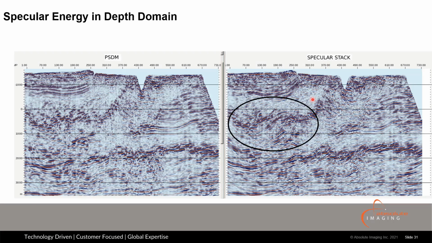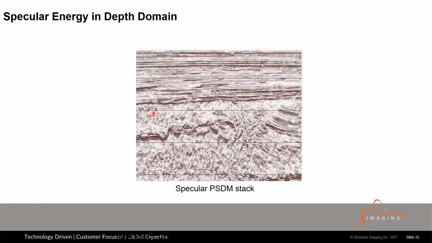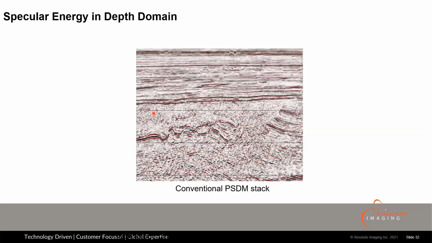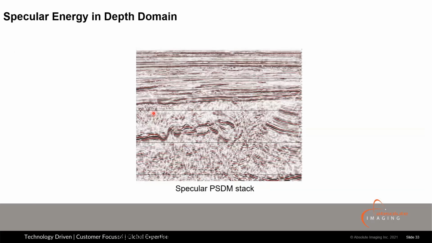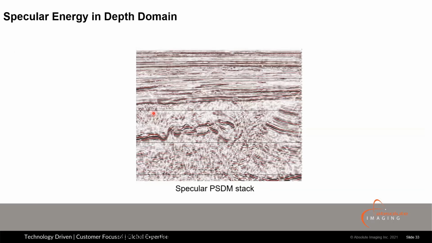So there is another example here. This is the conventional PSDM stack. This is where the client was focused, right? This is for a marine environment. And then you can see that after the specular, everything is there, and you have a much cleaner image. Now we can start seeing even something within this poorer zone, so you might see what's happening.